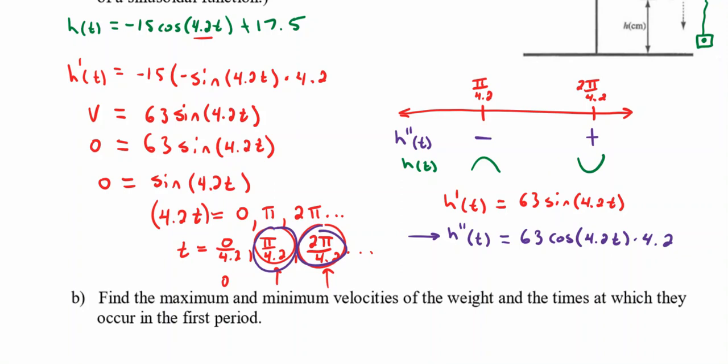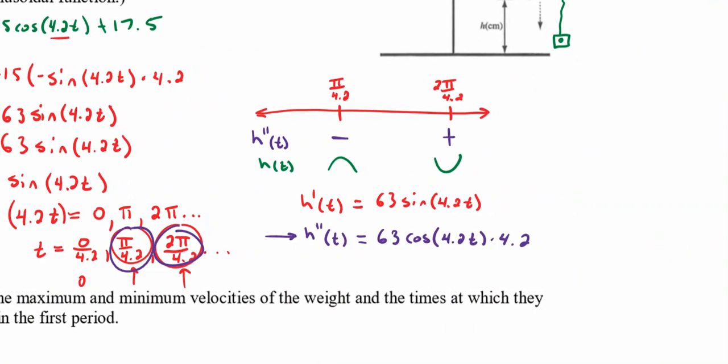And there you go, that's kind of everything we need. So we have a max at pi over 4.2, and we have a min at 2 pi over 4.2.